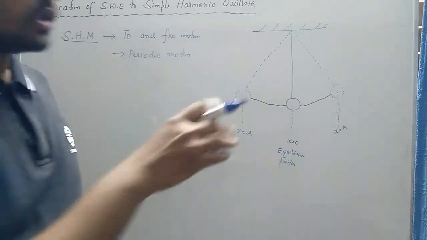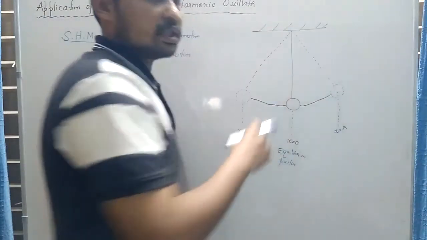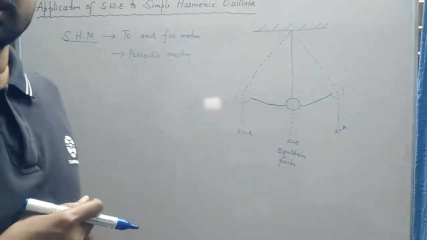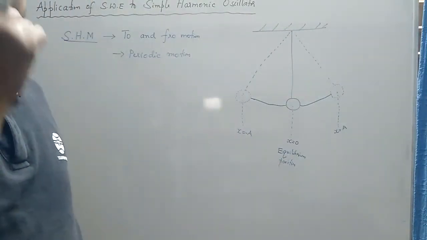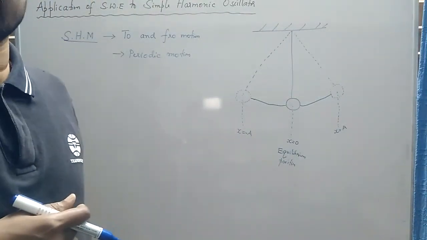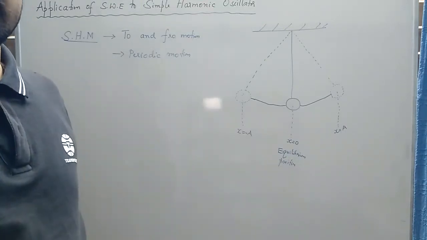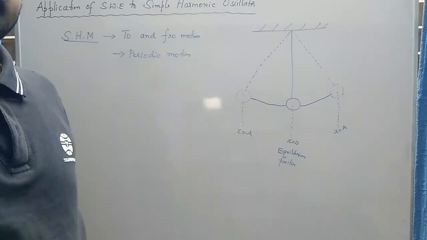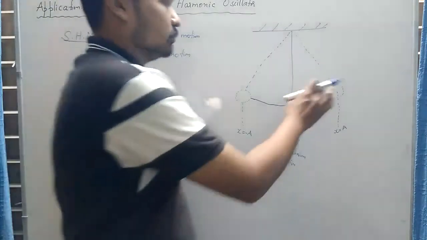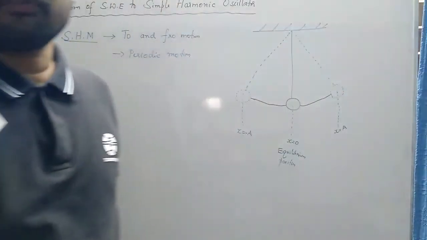So when the particle comes back to its original position, I will immediately stop the clock and record the time. Say for example t is equal to 7.8 seconds. This time is called the time period, or period. It is the time taken for completion of one cycle of motion.